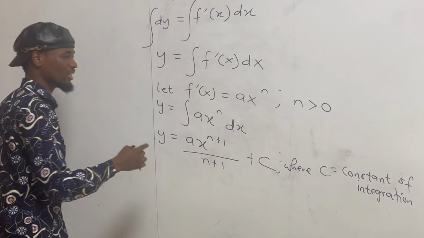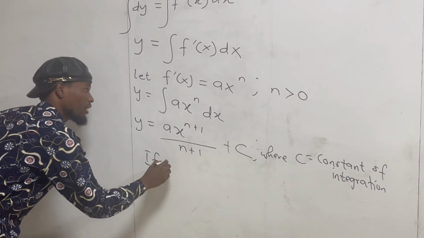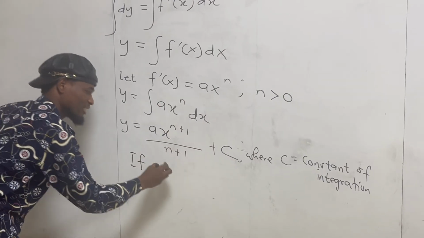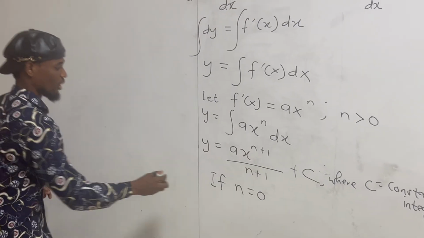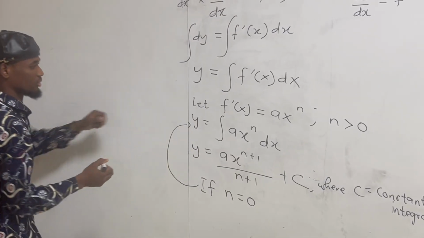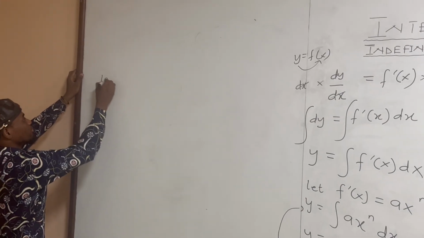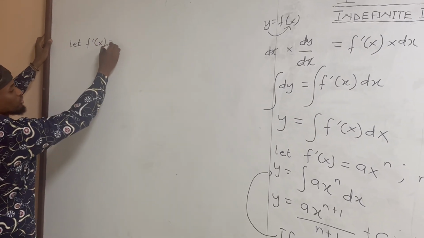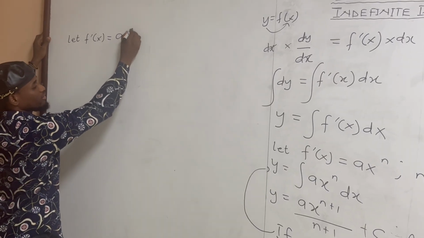So what happens if n is not greater than 0 but is equal to 0? Let's see what happens. So I'm going to put this into that. Let f prime of x be equal to a x to the power n, as we had initially, right?